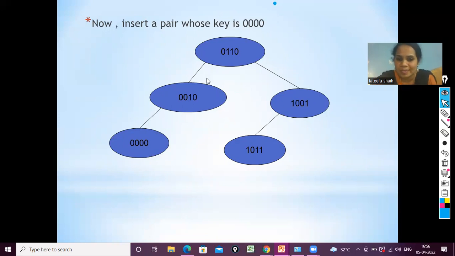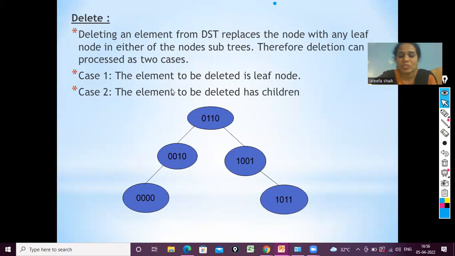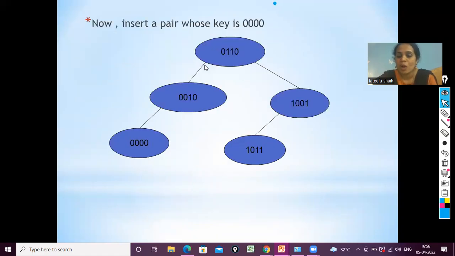This is the general insertion operation. Coming to the search operation, how will you search for the element 1001? You should traverse from the root node. The search element is 1001, and we start from the root node. The root is compared with the search element.